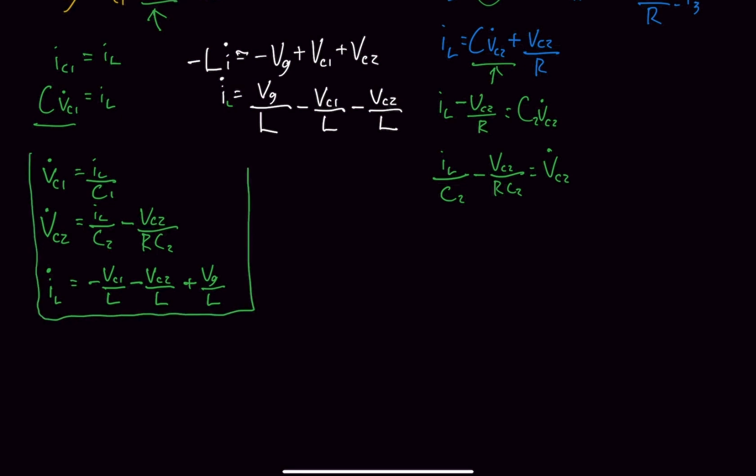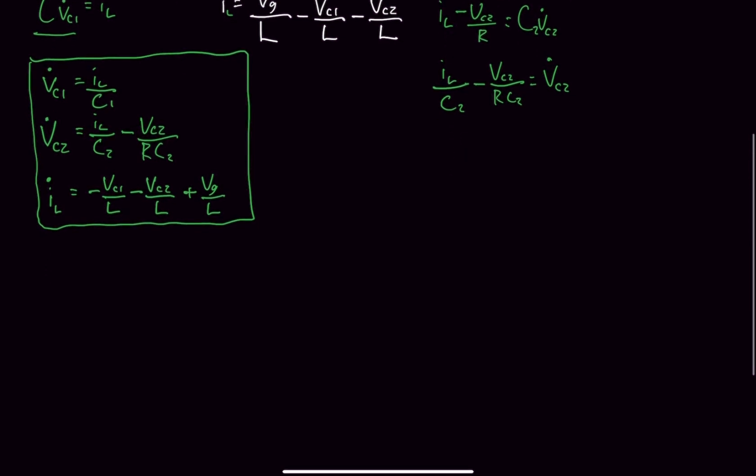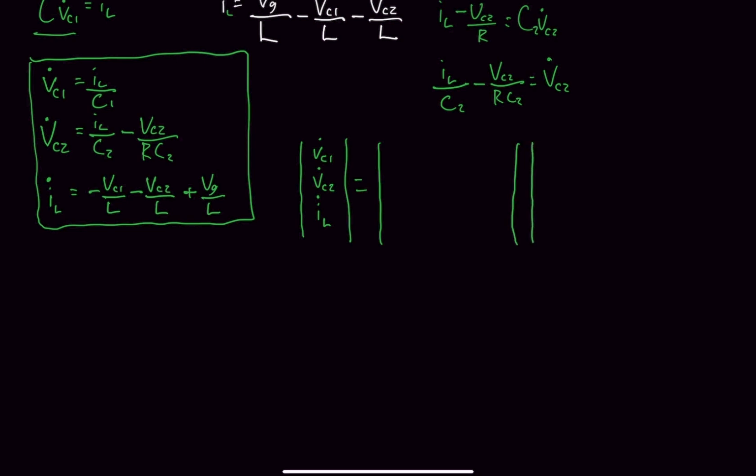So we've got our three equations, and we can start to put them in the matrix form that we're after. VC1 dot, VC2 dot, IL dot equals, and we want to keep our matrix organized because we know this will be VC1, VC2, IL. For VC1, we only have IL over C1, so we're going to have a 0 and a 0, and then 1 over C1. For VC2, we've got VC2 and IL, so there's no VC1.